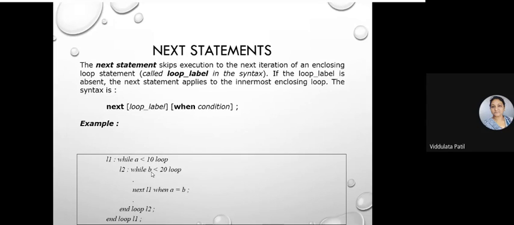But when the condition occurs such that A is equal to B, it will go to the next statement. So these statements will not get executed, and then there will be end of loop L2 and then end of loop L1.